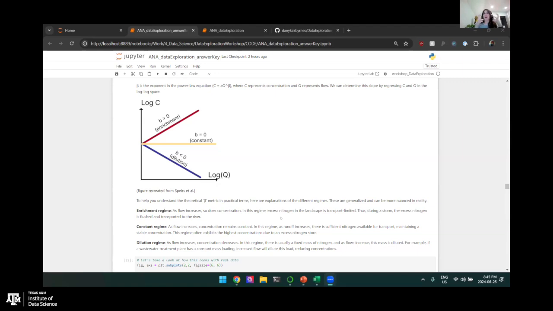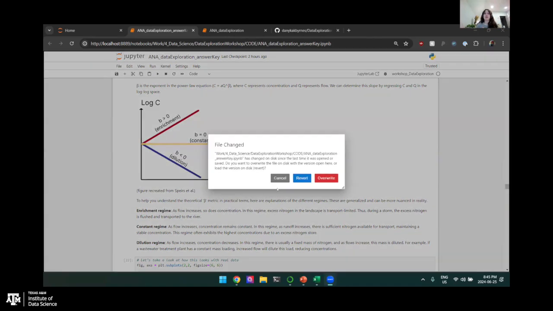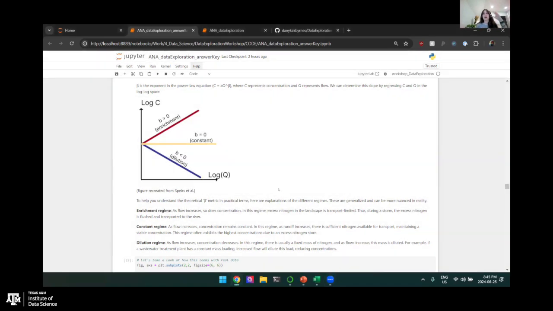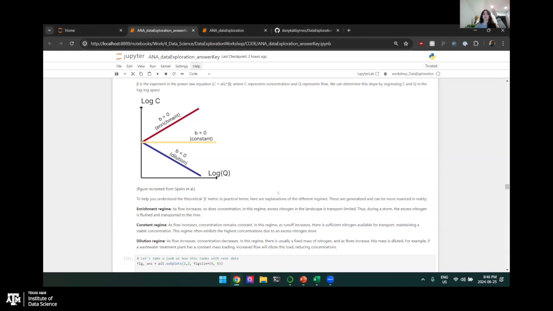There's just a ton of nitrogen in the landscape, but it can't really move anywhere because there's nothing moving it. So when there's rain, and a lot more water goes through the watershed and flows increase, this nitrogen that was transport limited can now be moved. So then what we see is, as flow increases, so does concentration.